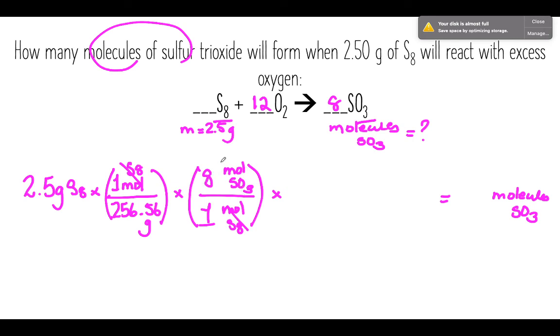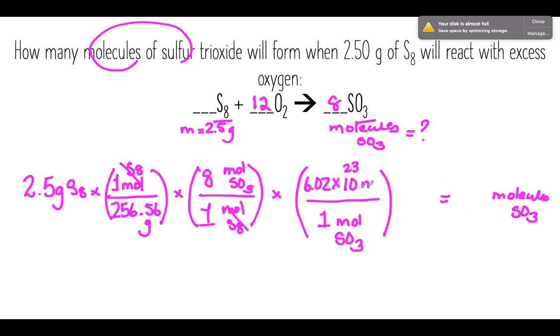Now that I have the moles of SO3, how can I convert to the molecules of SO3? What I have to do is use Avogadro's number. And what Avogadro's number tells me is that for every 1 mole of SO3, there will be 6.02 times 10 to the power of 23 molecules. Why am I using the unit molecules? It's because we're looking at SO3, which is a molecular compound.